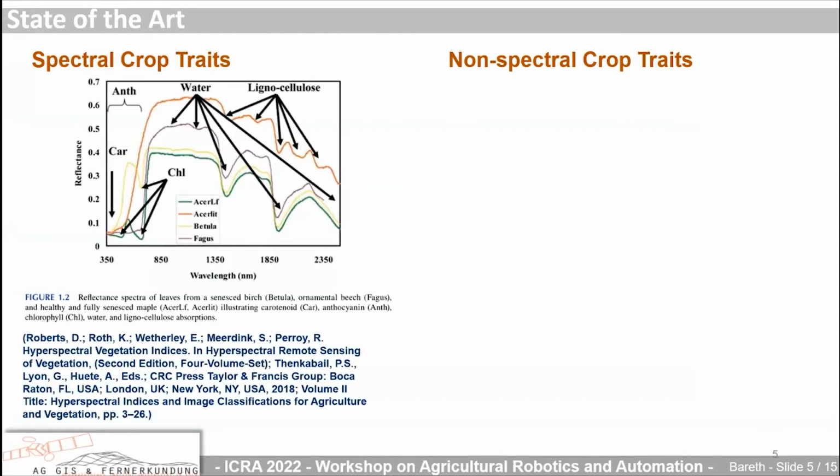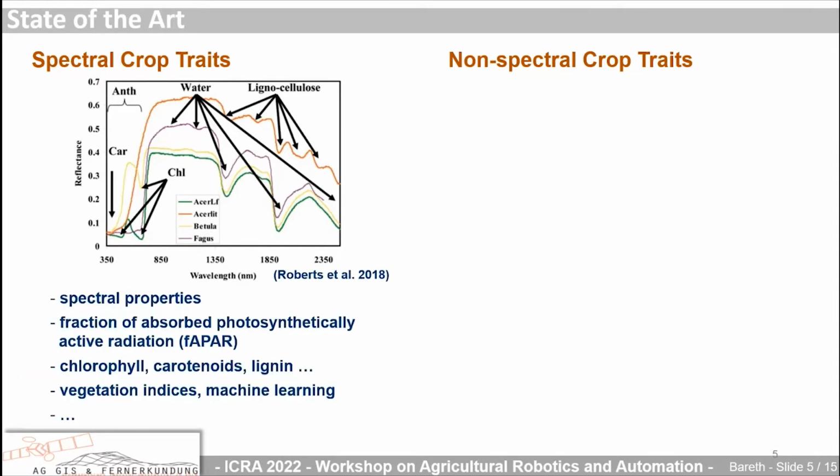So what do we have? We know that spectral crop traits are retrievable from the spectra. We know from the literature that there are certain absorption and reflection features which indicate structural or biogeochemical properties. It's well described, for example, by Dar Roberts in a book chapter.